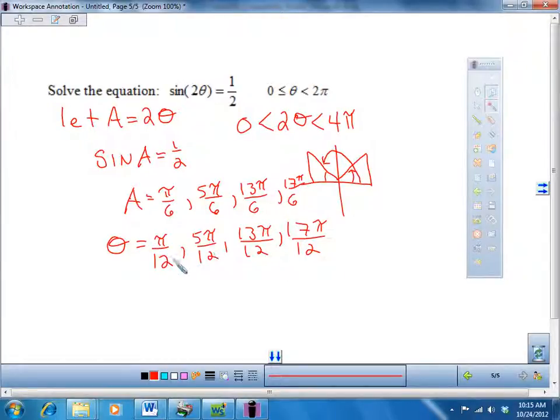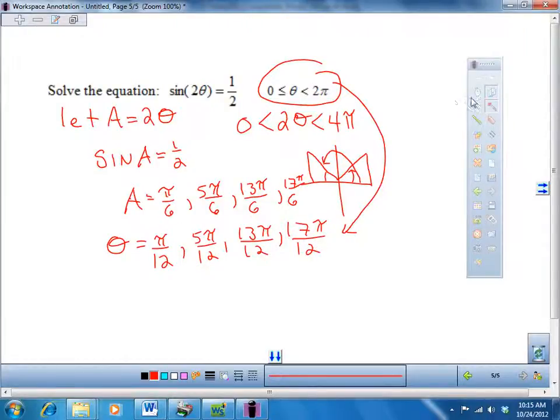I doubled my domain for my 2 theta, so I had to find 4 values, and then when I divide all those in half, I squish all those answers down to being between 0 and 2 pi.